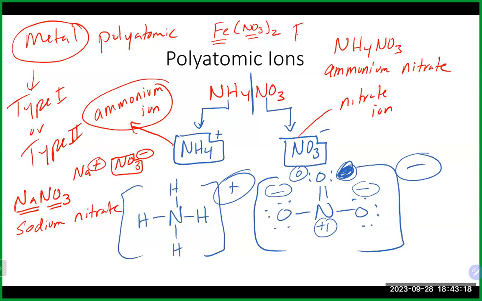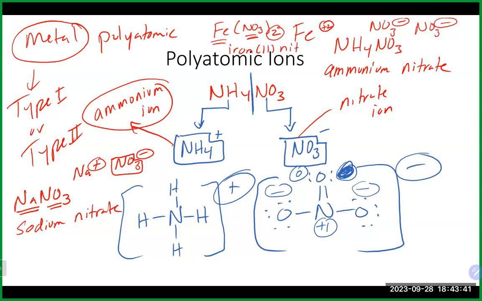So our iron, maybe we're not sure what it is, but we do know that nitrate is a -1 charge, and there are 2 of them, which again gives us -1, -2. That means in this case, our iron has to be +2 to balance it out. And this would be iron Roman numeral 2 for the charge.